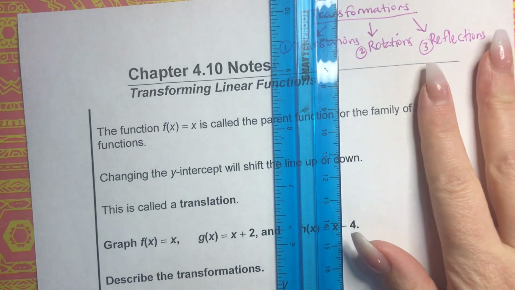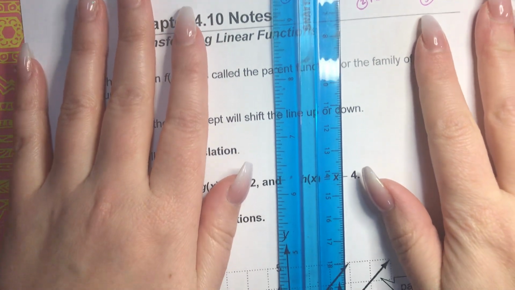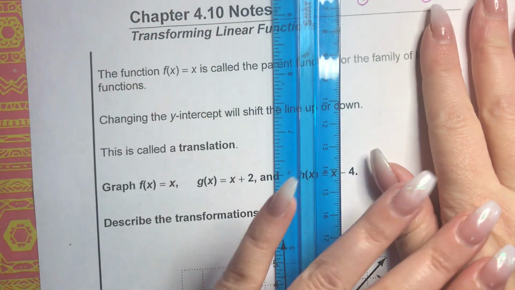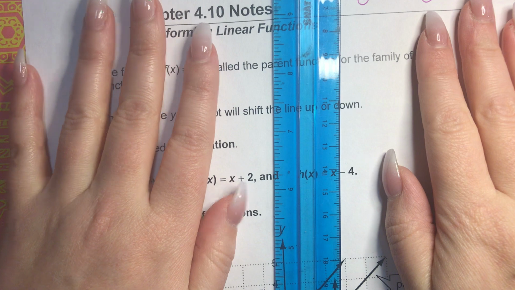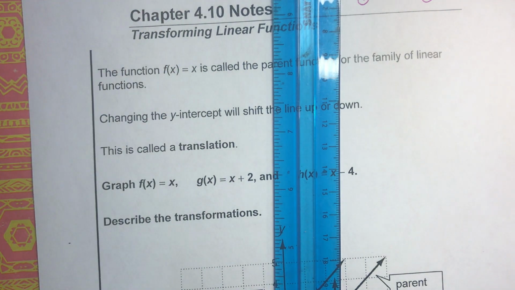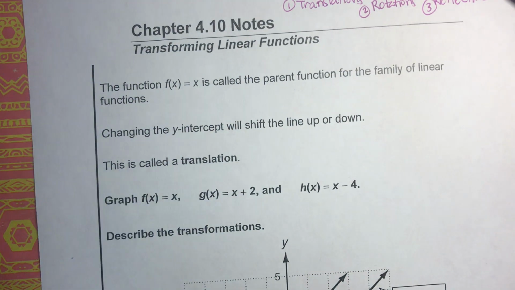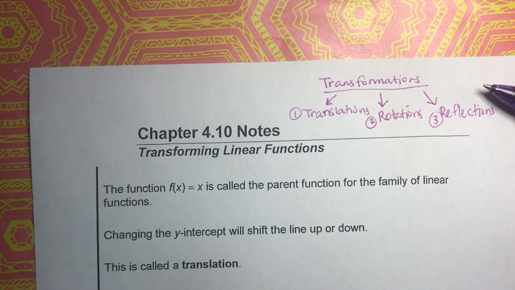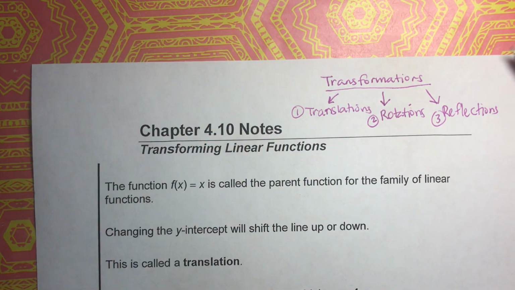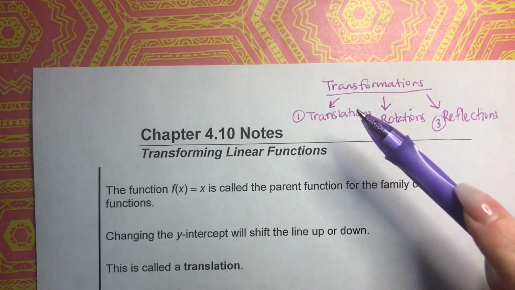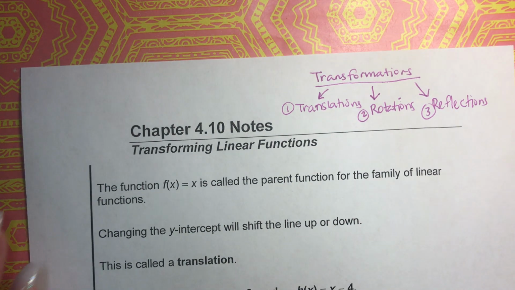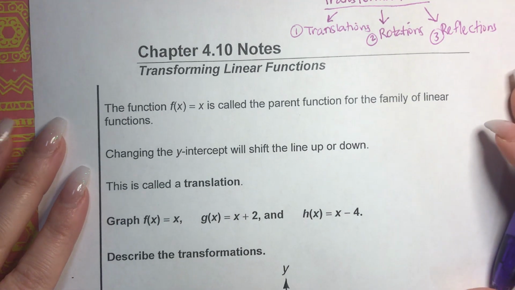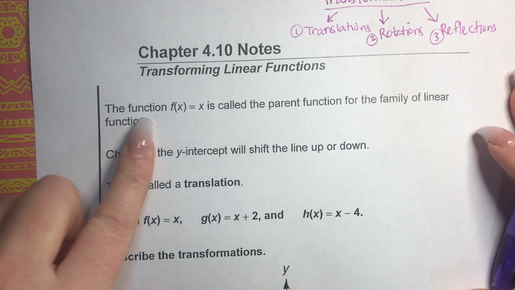Like my hand is like a reflection. So this is being reflected over there, or kind of like a mirror, right? So we're gonna kind of look at that concept graphically. But what you need to know is we're talking about transformations and 3 different types of transformations: translations, rotations, and reflections.